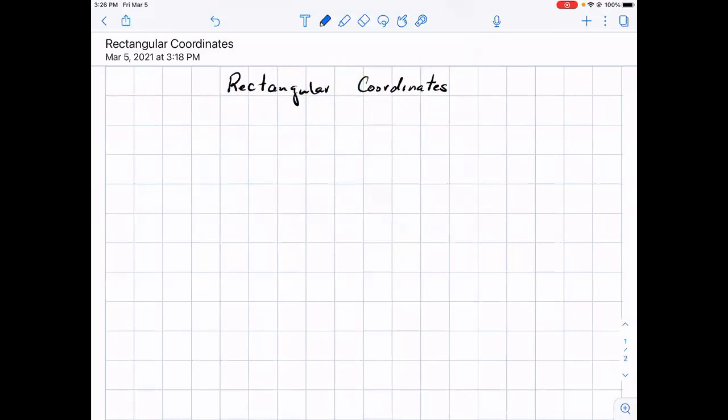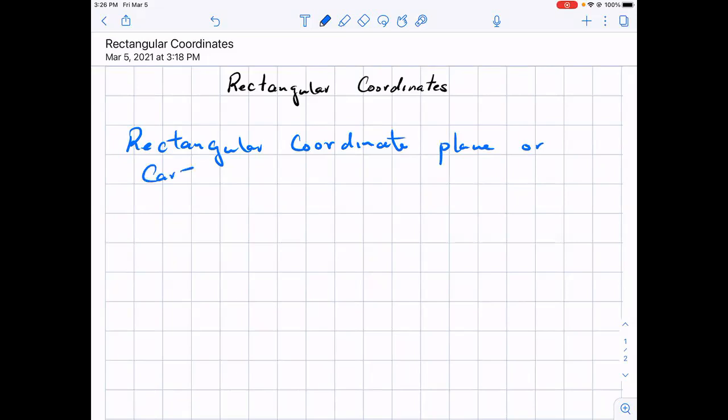It's the rectangular coordinate plane, or what we call the Cartesian plane. And we also refer to this as sometimes the XY axis.